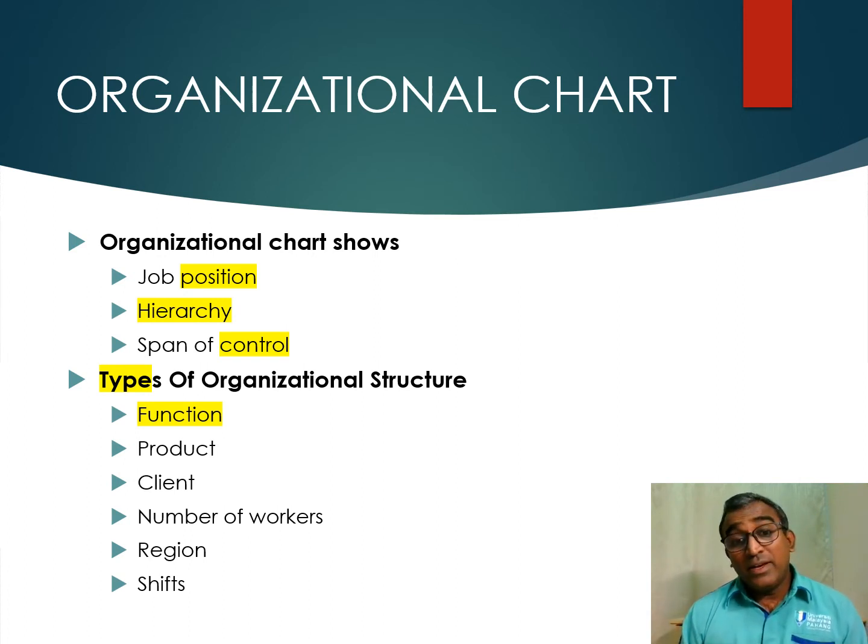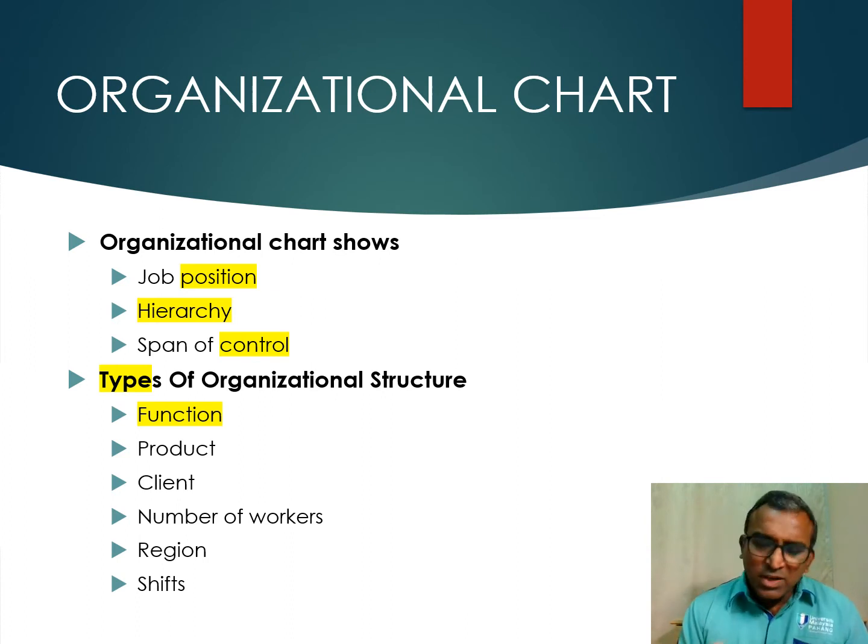Okay, and then span of control, as in it's normally pyramid shaped, and how far the control of a particular department head is covering. Okay, and then this organizational chart can be done in different types.